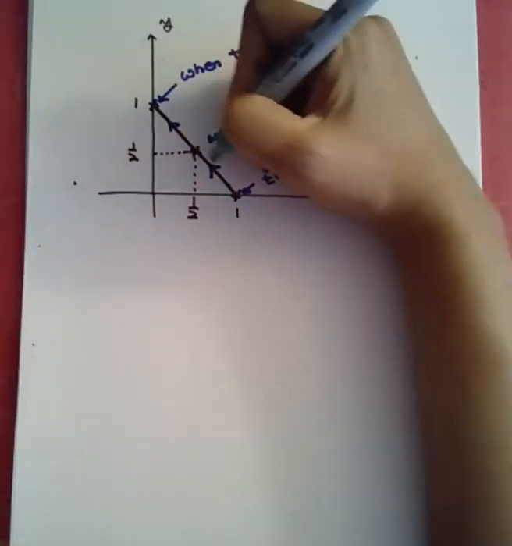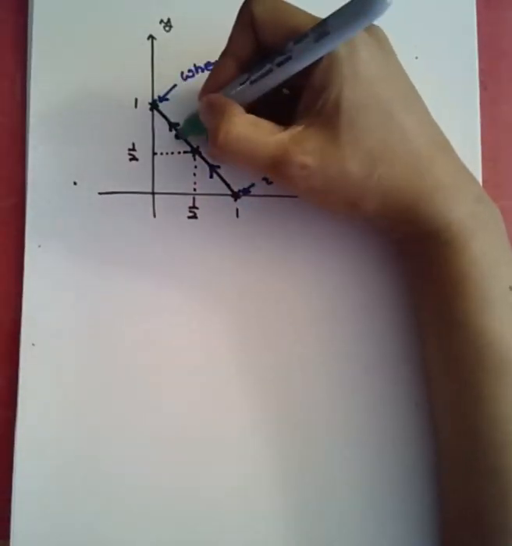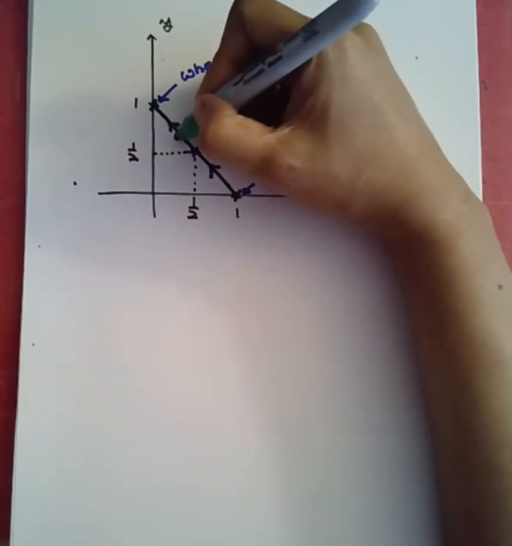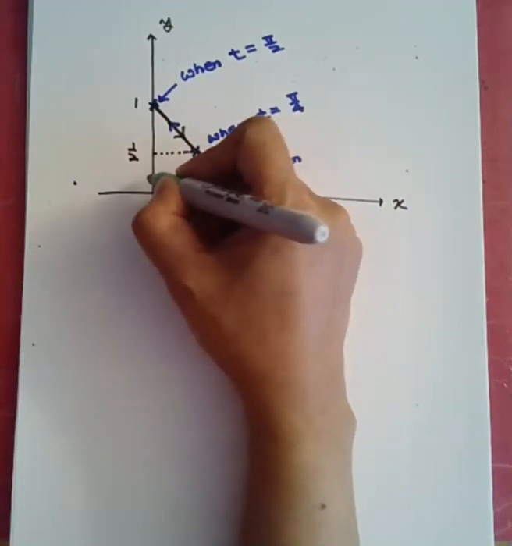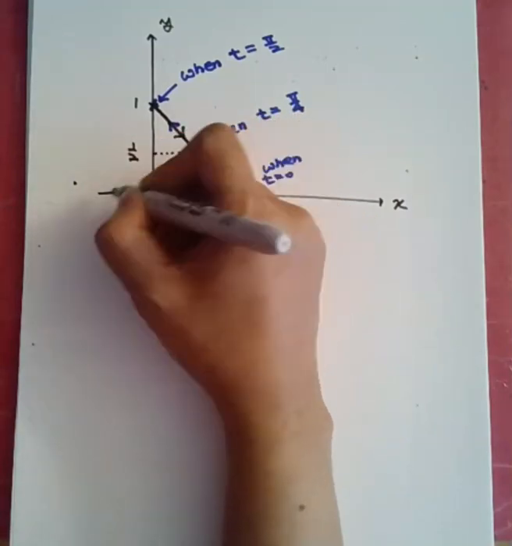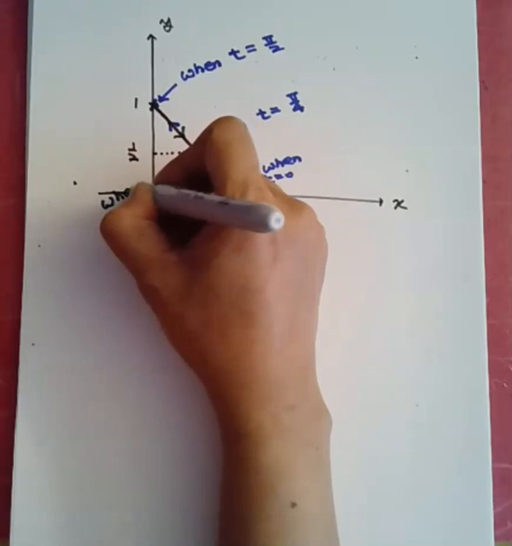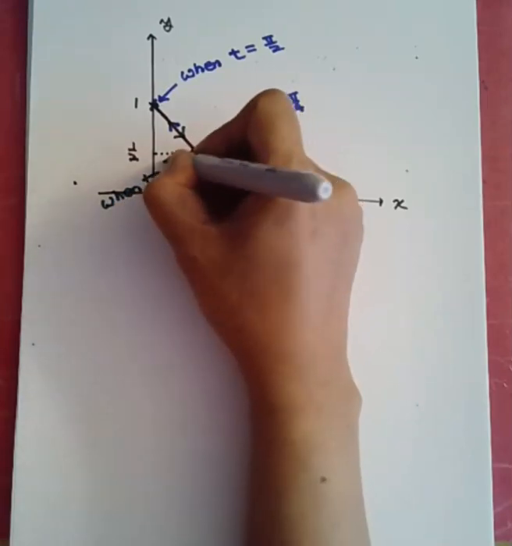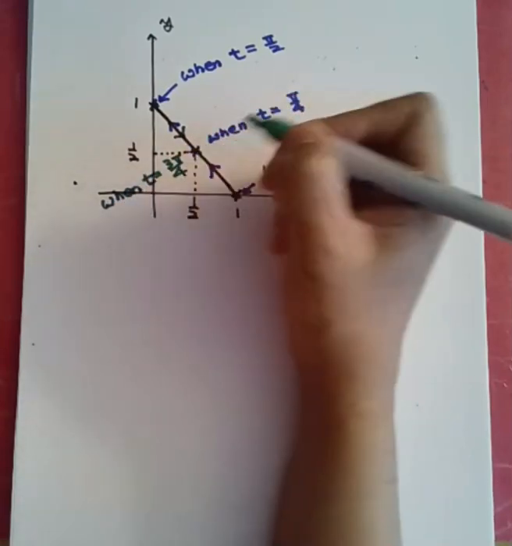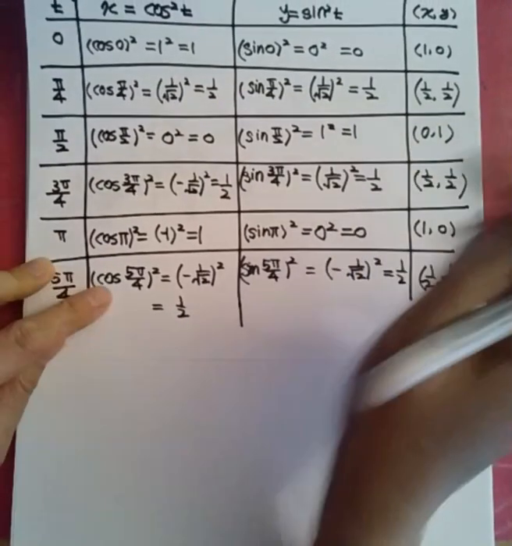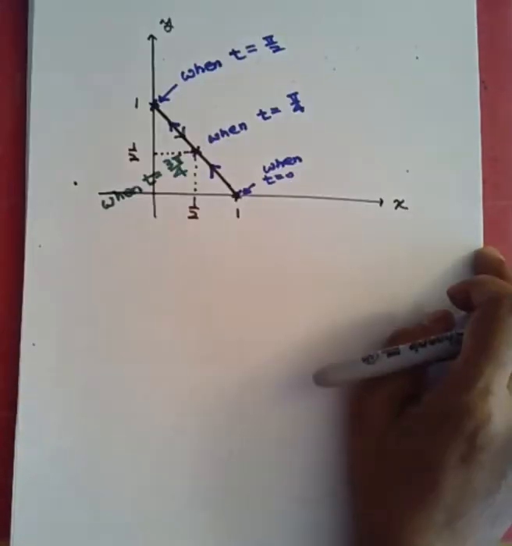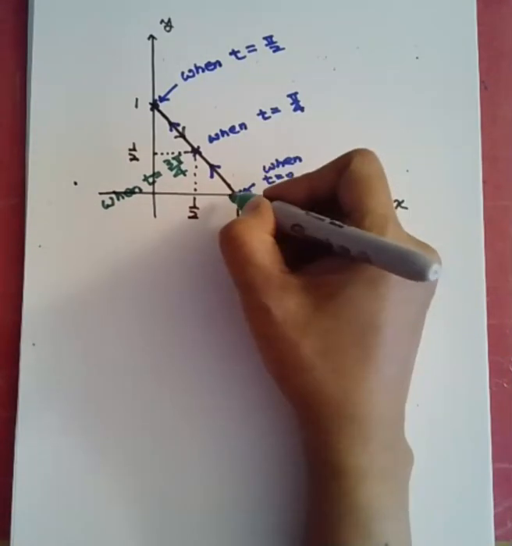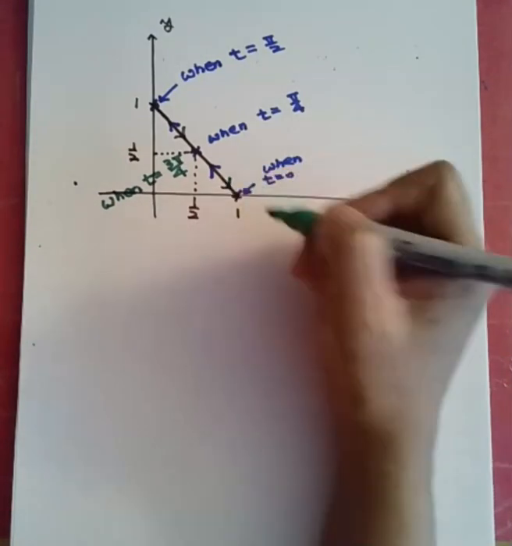And so after we follow this, we go back here until we reach 1/2 and 1/2. And when t becomes pi, x value equals 1 and y value equals 0, so we come back this way.